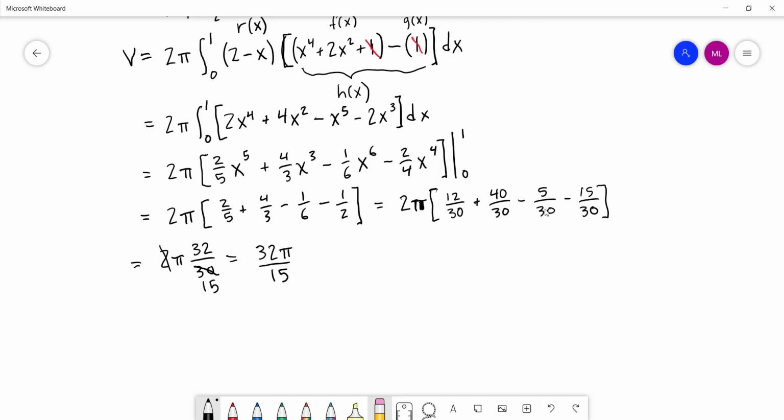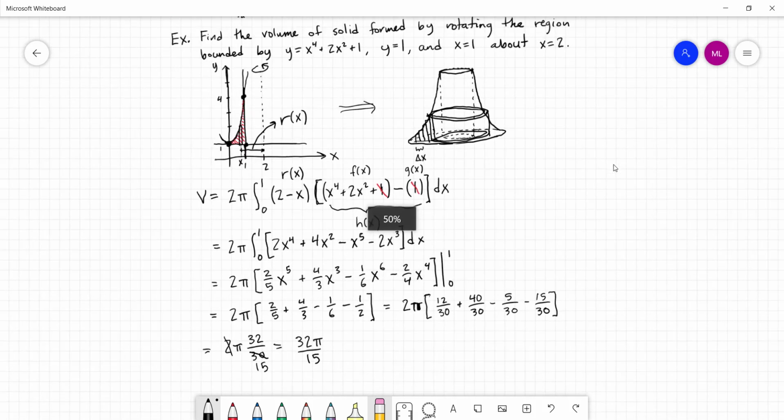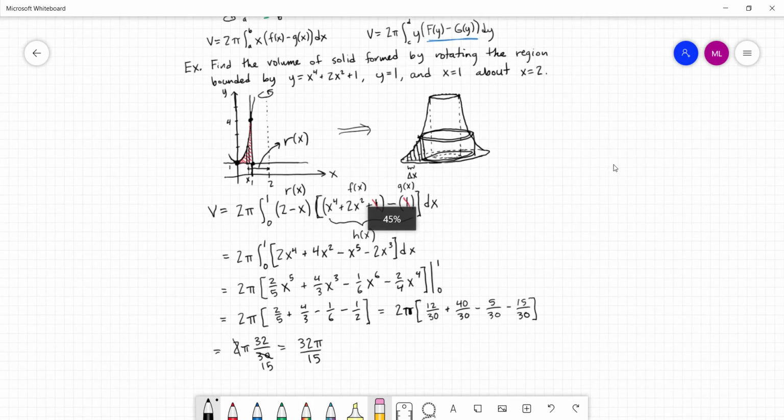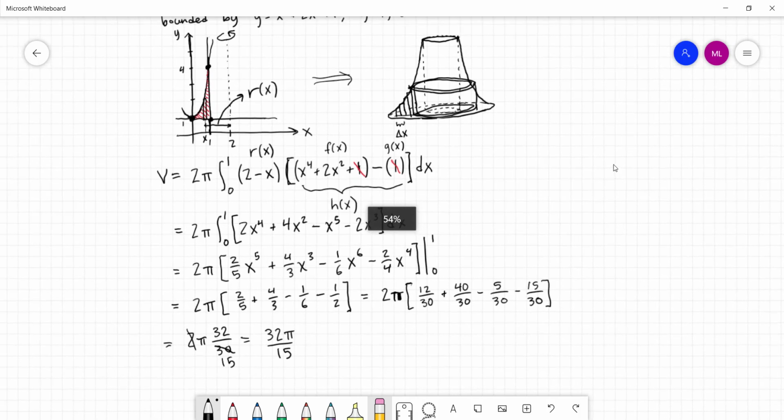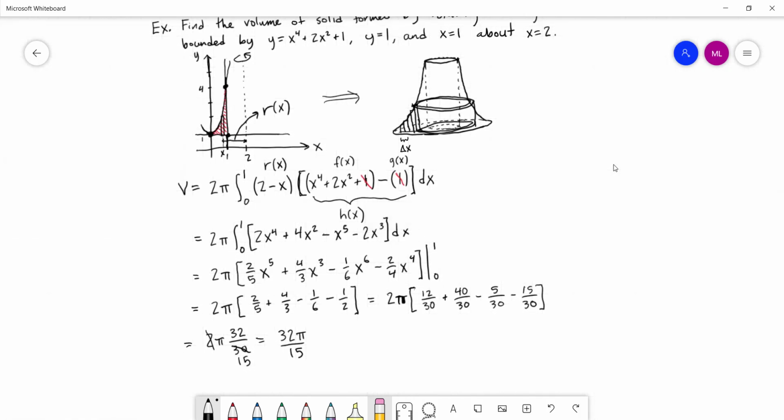So this is the idea, and this is basically the difficult end of what one of these problems could look like. So give this a shot, try those homeworks, and later on, we'll come back to this topic and discuss why I should use a cylindrical shell versus a washer. Maybe we'll look at a handful of examples, certainly in time to review for the first exam, which is still a ways off.